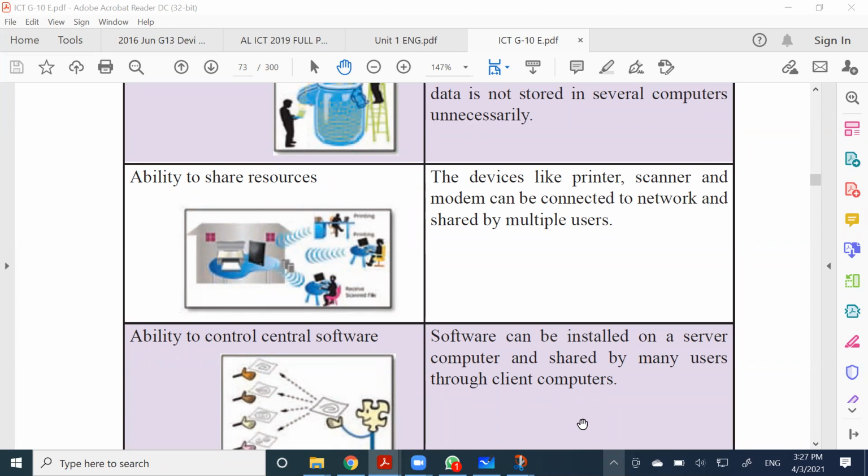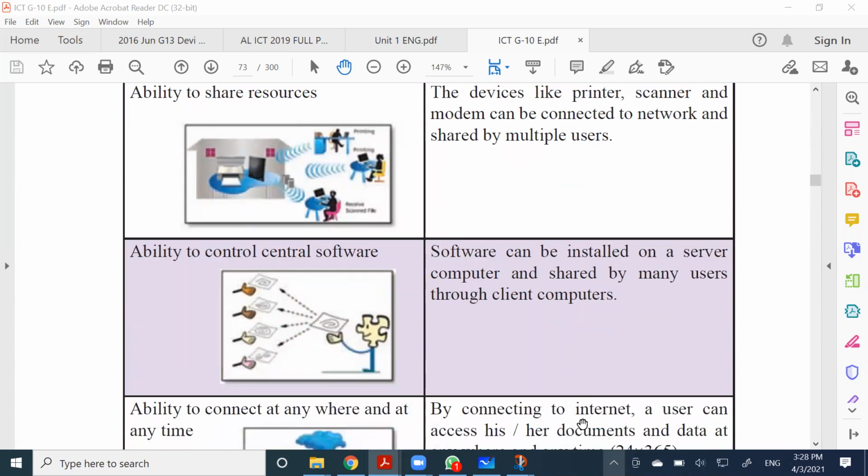But when the resource is shared, every other computer has the ability of printing. Printers have wireless printing as well, so printouts can be taken by connecting a mobile phone, a tablet, or a computer, whatever the thing. So it helps. And ability to control central software, that's a special thing.